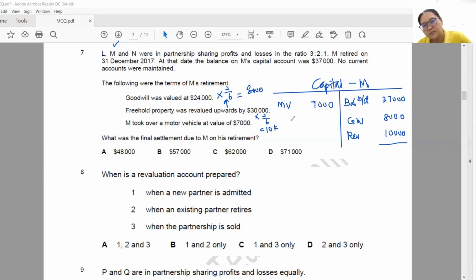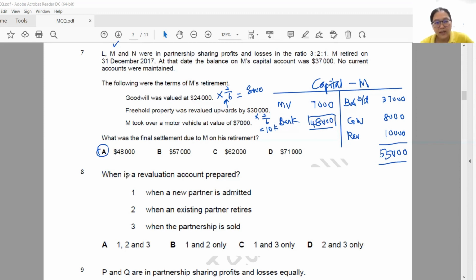So now, how much is the amount to be paid to M upon retirement? The credit total is 55,000, less 7,000 in the debit. So your net difference will be 48,000. So the settlement is 48,000.